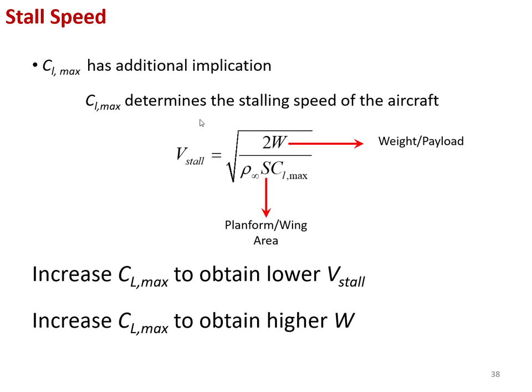So this is essentially a rearrangement of the definition of lift coefficient. We say lift coefficient is equal to lift divided by 1/2 rho v squared multiplied by the planform area, the wing area. This is the definition of lift coefficient. If you rearrange this and then replace lift with weight and CL with maximum CL, you will be able to calculate the stall velocity.